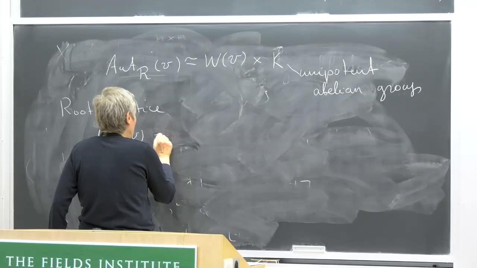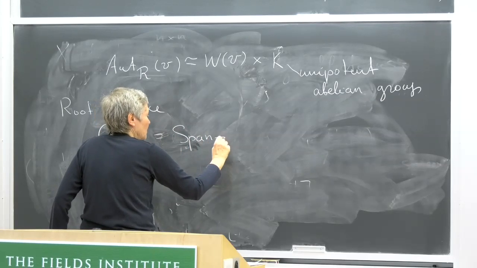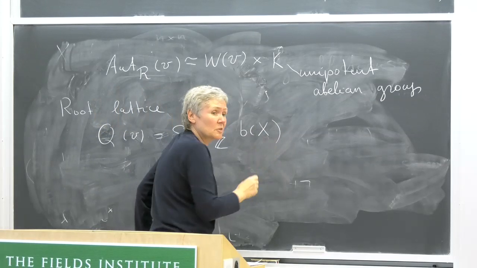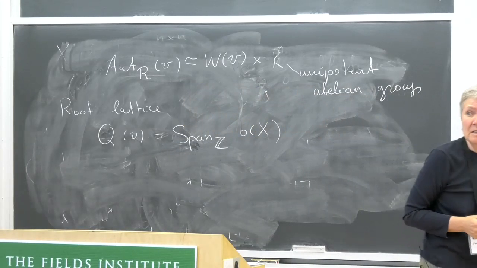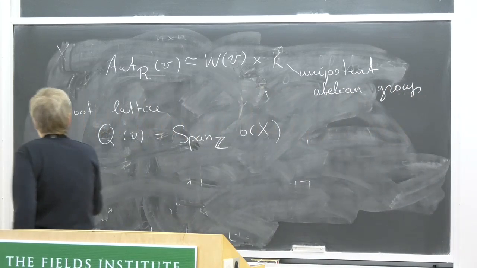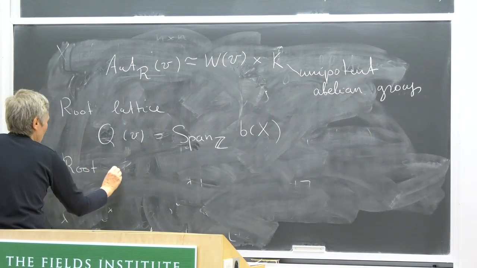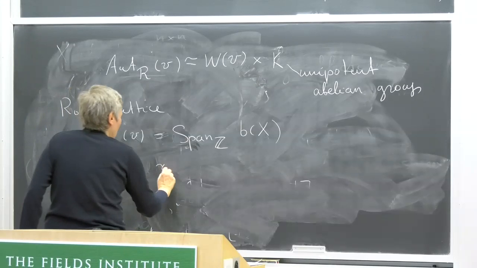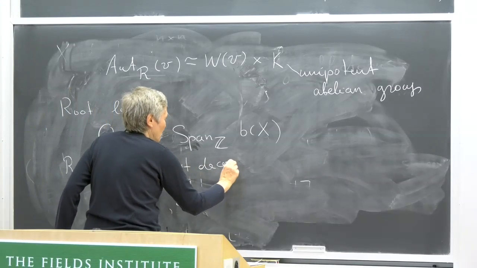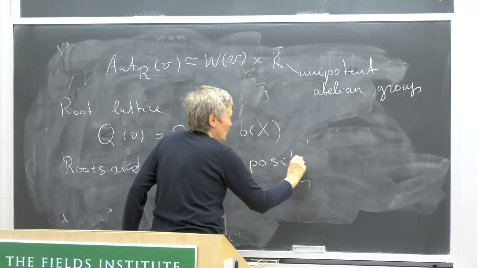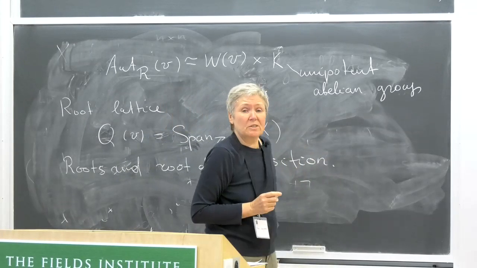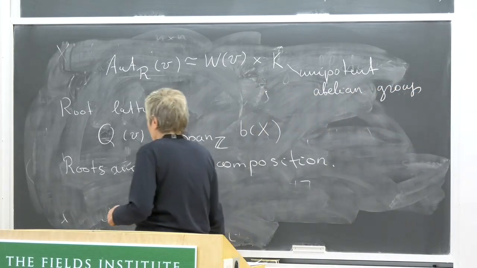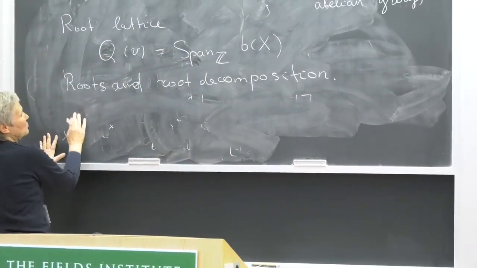And this is just the span of B of X. So therefore we actually have roots and root decomposition. And we have real roots and imaginary roots. So what are the real roots?